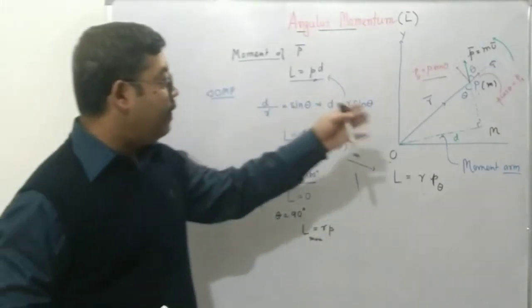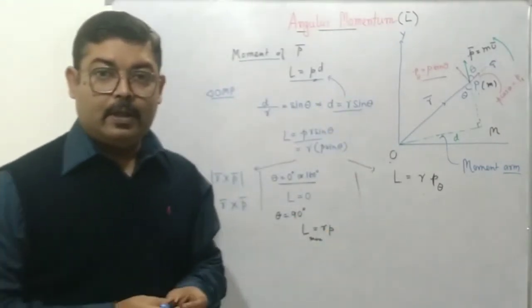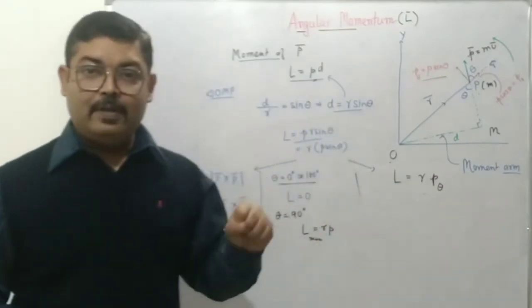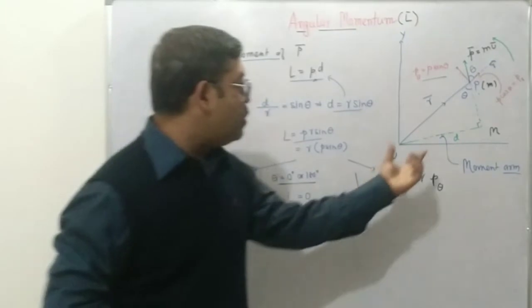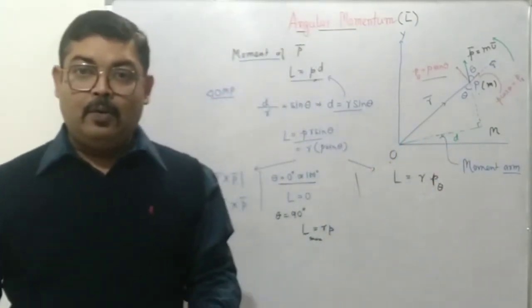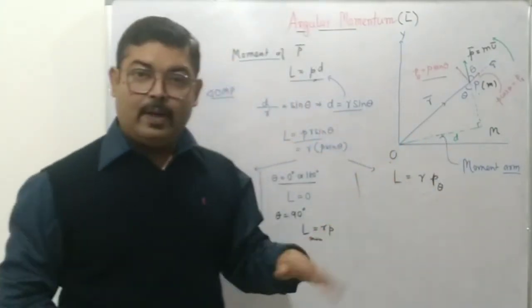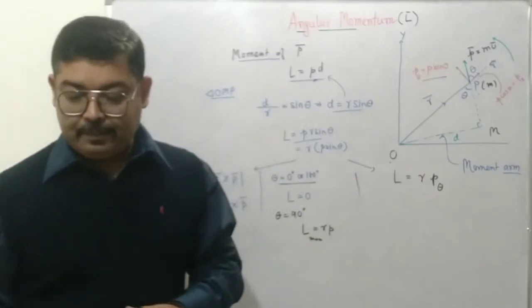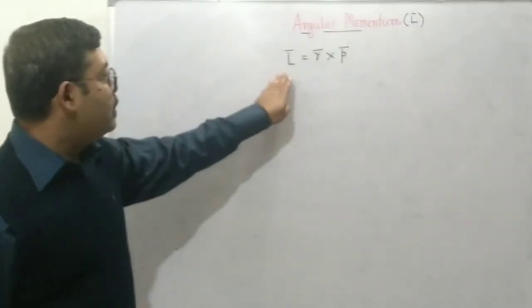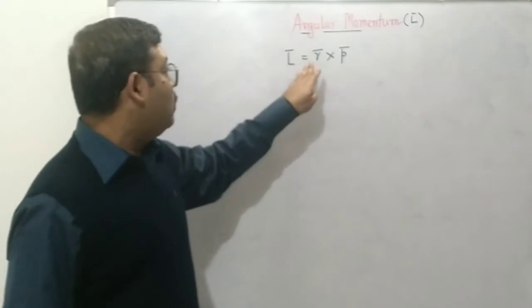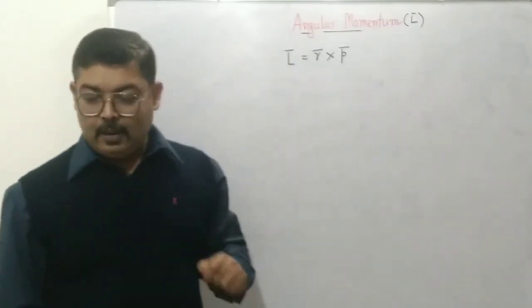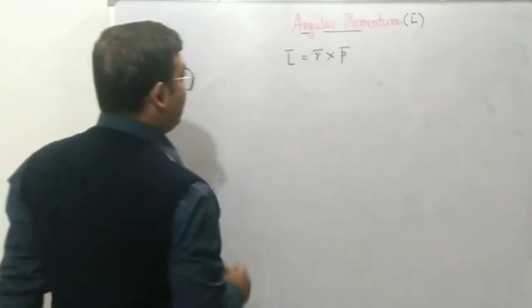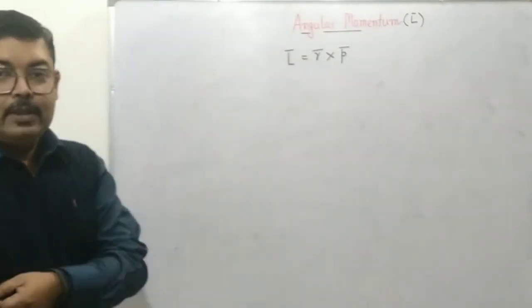Now, the effect or magnitude of a rotational physical quantity like angular momentum, like torque, depends on the moment arm for a given force or equivalently for a given linear momentum. So, we have just found that the angular momentum vector is given by the cross product of the radius vector and the p vector, that is the linear momentum vector. Since it's a vector, we can always express it in terms of its components.